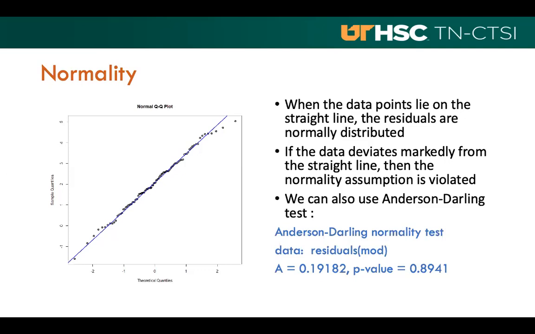The normality assumption of linear regression holds, and so we can use linear regression analysis without violating its assumptions. When the data points lie on the straight line, the residuals are normally distributed, and that means the outcome variable is normally distributed. If the data deviates markedly from the straight line, then the normality assumption is violated.